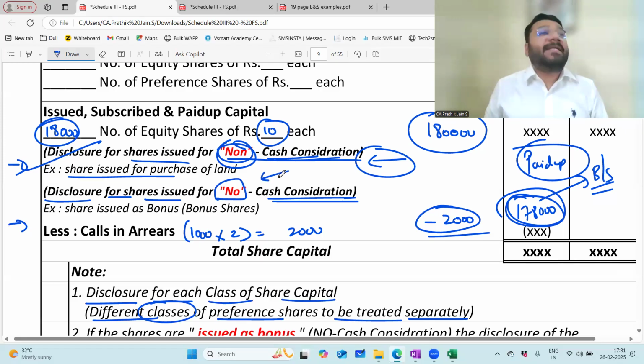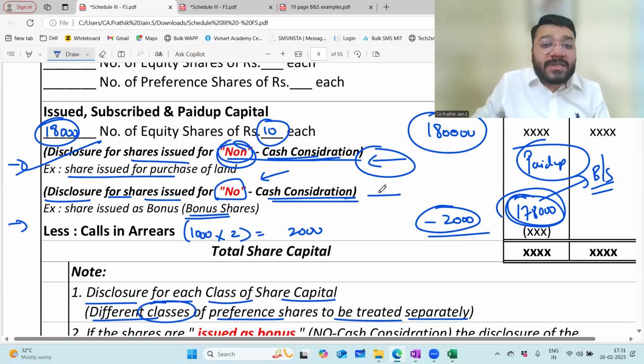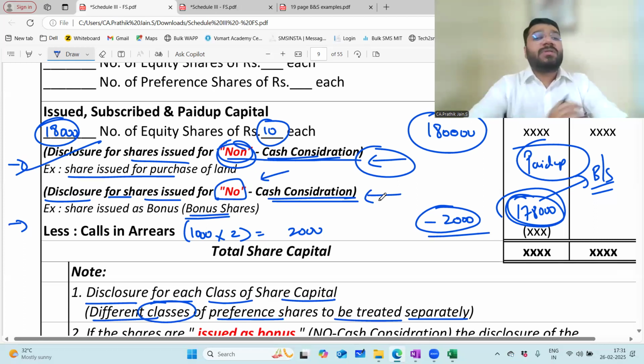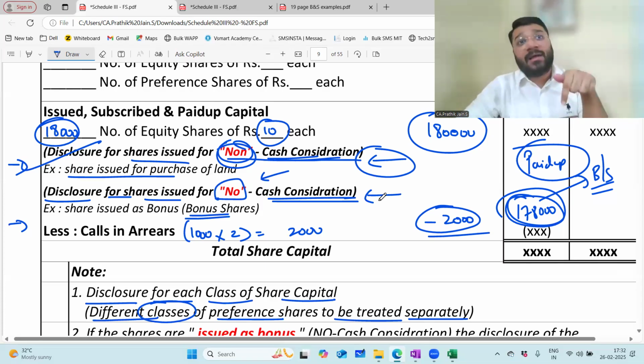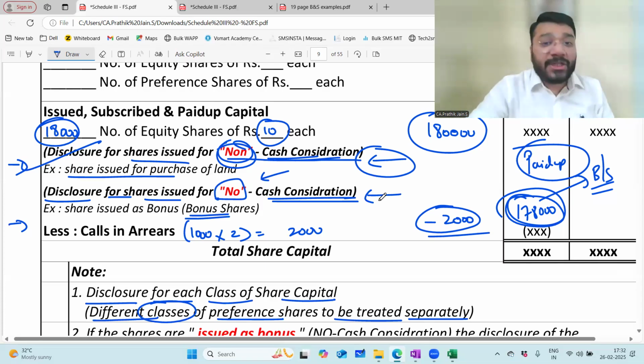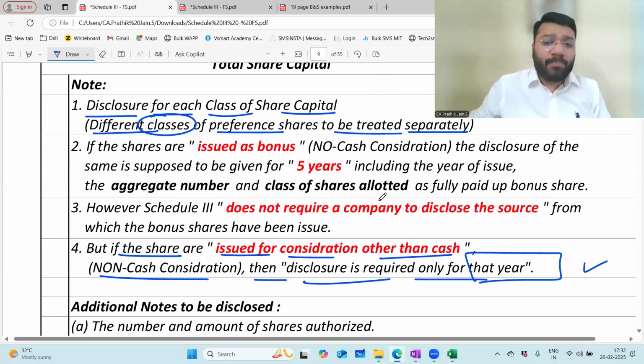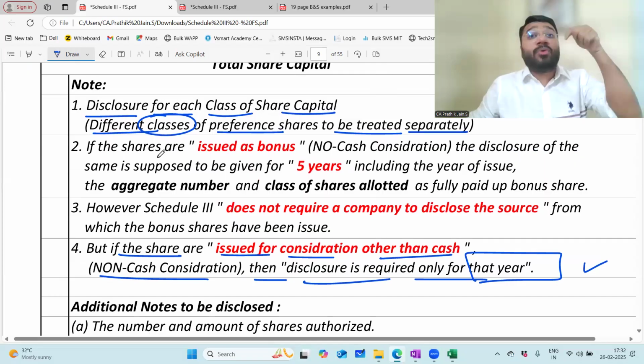Now your Companies Act says that if any company is issuing bonus shares, you have to disclose this information in your notes to accounts. The question that arises is, for how many years? Schedule 3 has told that you are supposed to disclose this information for 5 years including the current year.